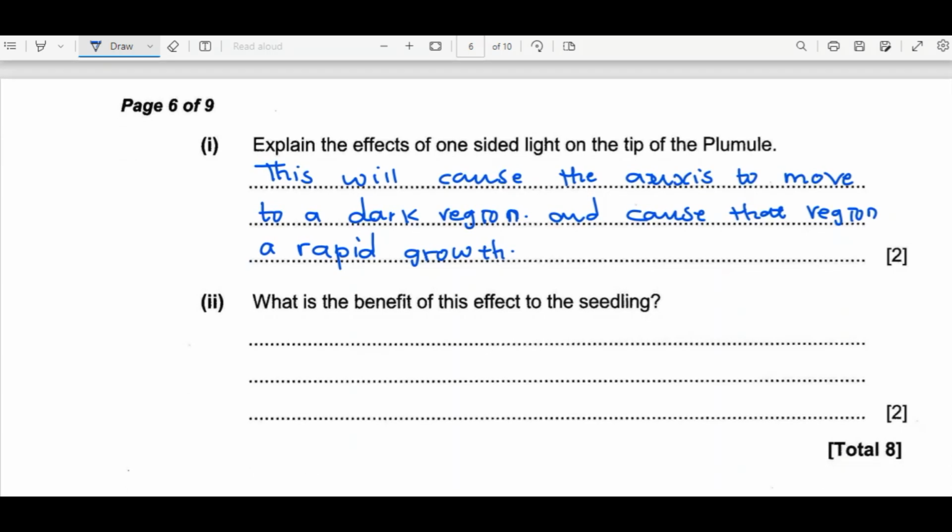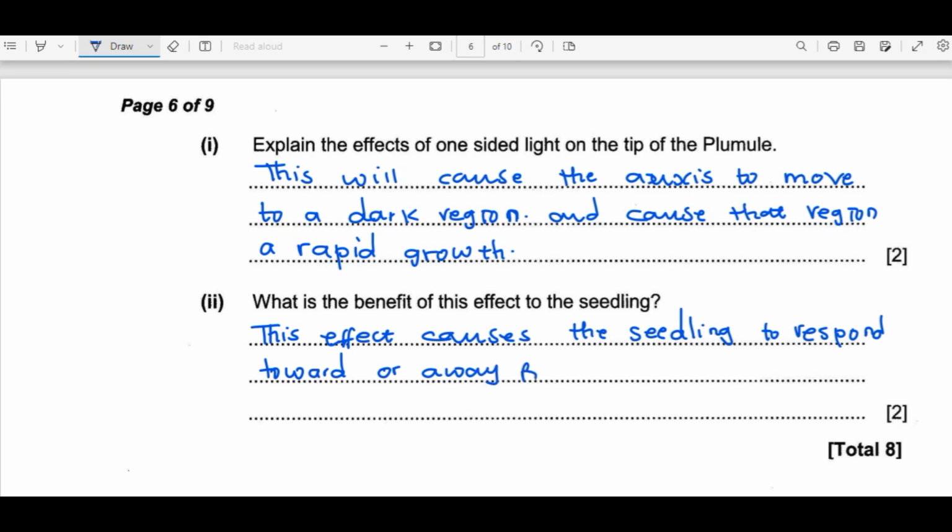Then for Roman number 2, what is the benefit of this effect to the seedling? So this effect causes the seedling to respond toward or away from a stimulus.